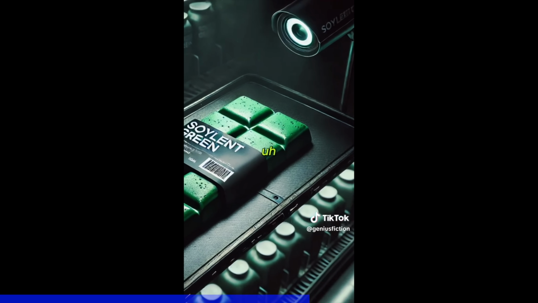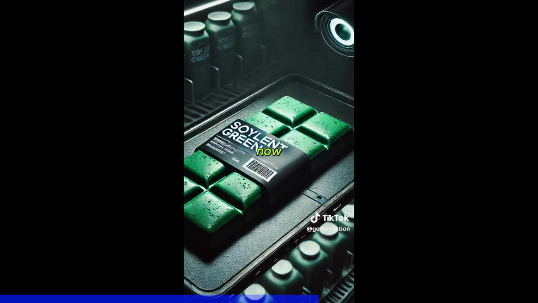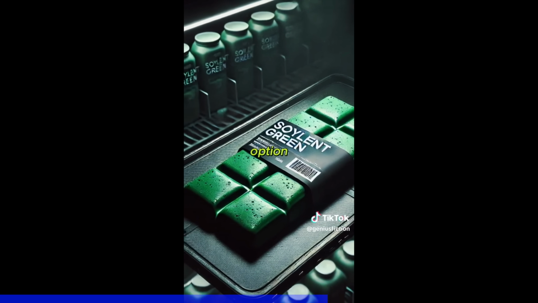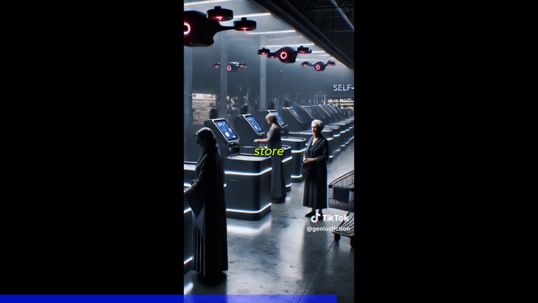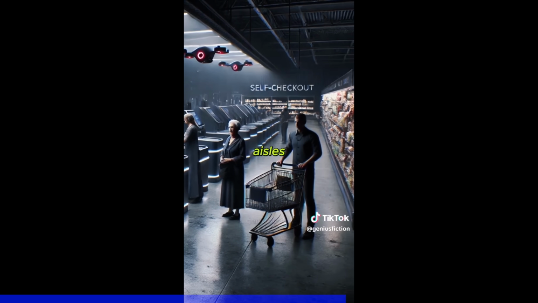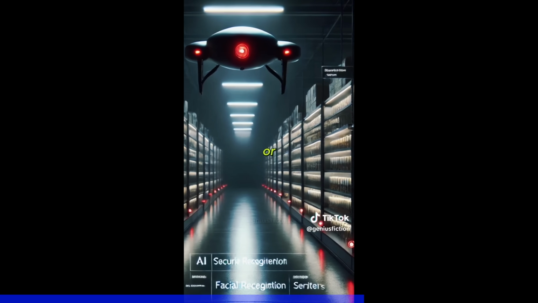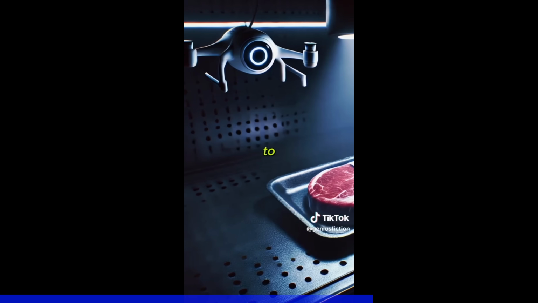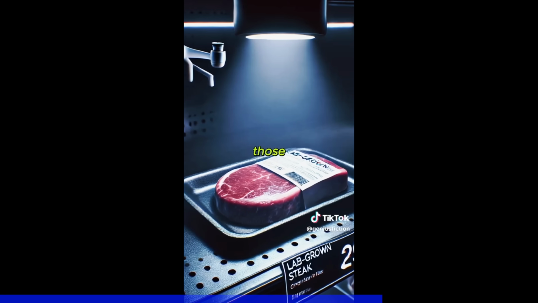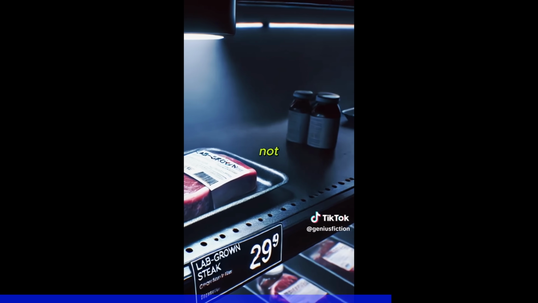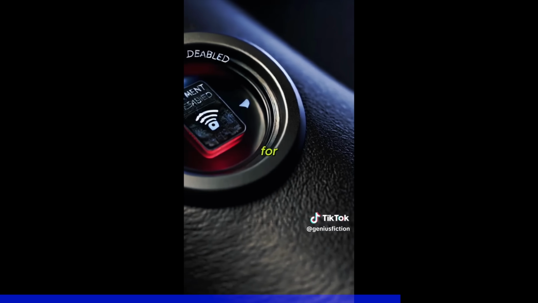People think they're choosing to use self-checkout right now, but soon it'll be the only option. And the store, just a series of aisles monitored by AI. One step out of line or pick up something you're not allowed to buy, and those drones will know. And not only that, they'll shut down your payment chip for the week.